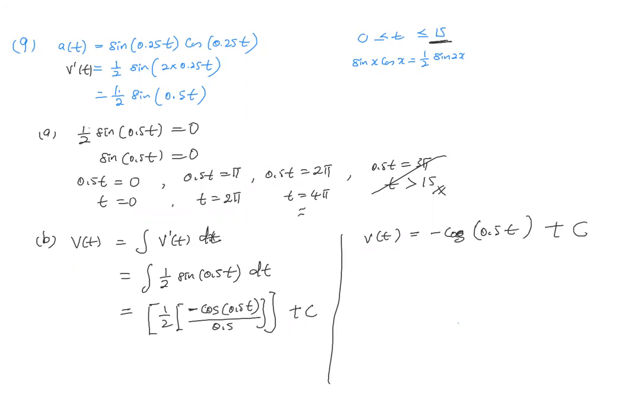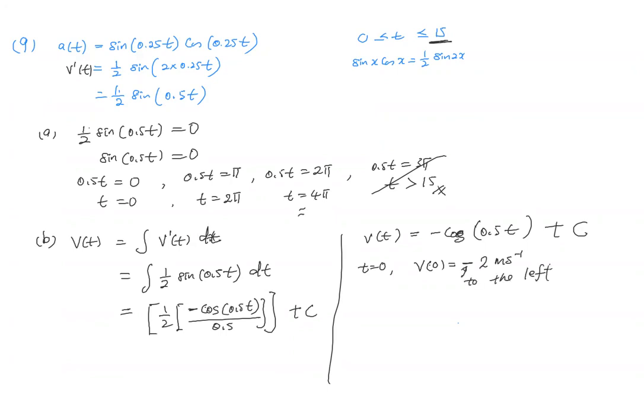Okay, then the question says given that the particle is traveling to the left, so when t equal to 0, v 0 is equal to what? To the left, you must carry a negative value. This is the meaning of to the left.